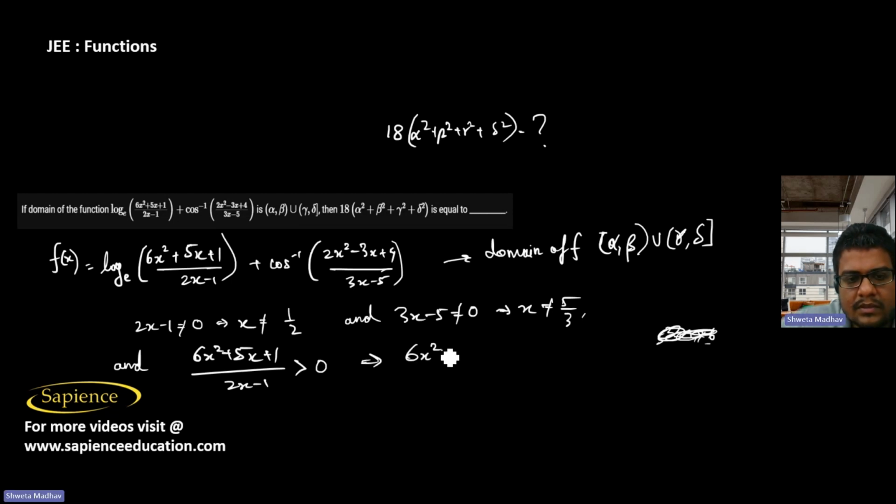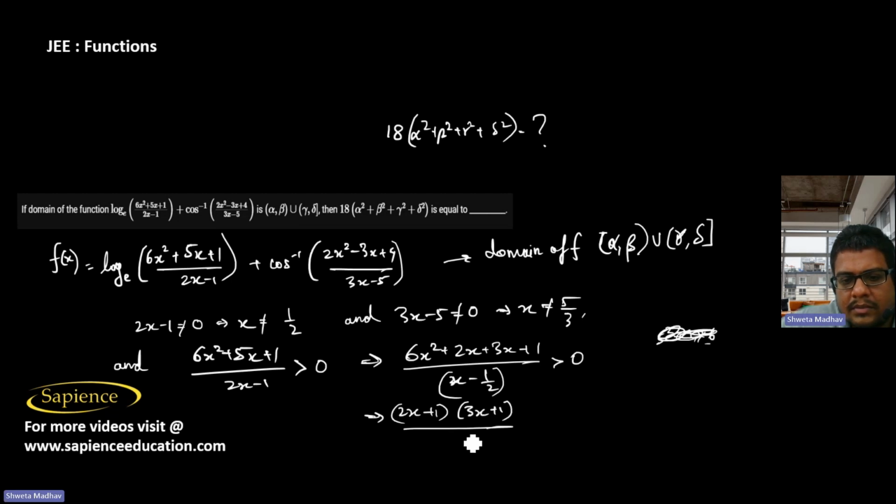So this is 6x square plus 2x plus 3x plus 1 by 2x minus 1, that is greater than 0. So then this will be 2x into 3x plus 1. So (2x plus 1) into (3x plus 1) divided by (x minus half), that is greater than 0. Or I can say this will be (x plus half) into (x plus 1 by 3) divided by (x minus half), that is greater than 0.